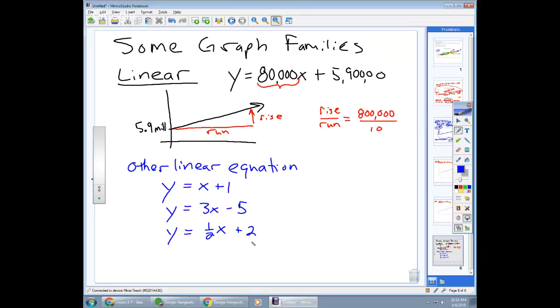So how do you identify a linear equation? You have a y and an x. The x has no power on it. It's not in the denominator. So it's just some number times x plus or minus some other number. That's the pattern of this kind of equation.